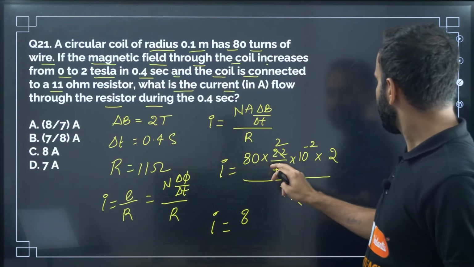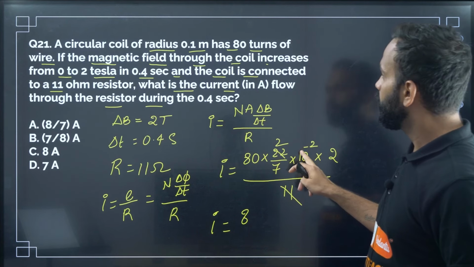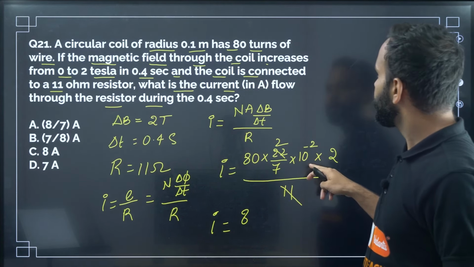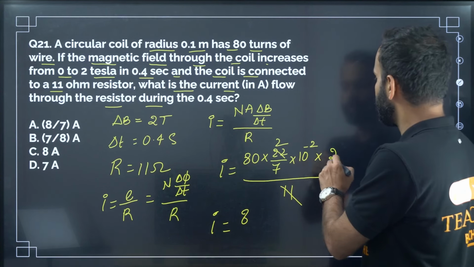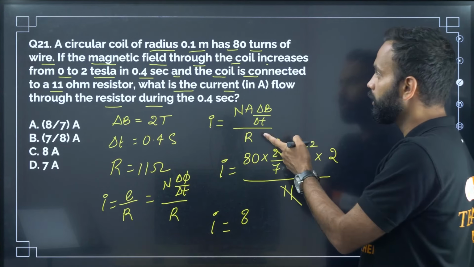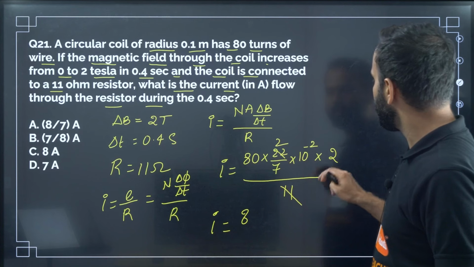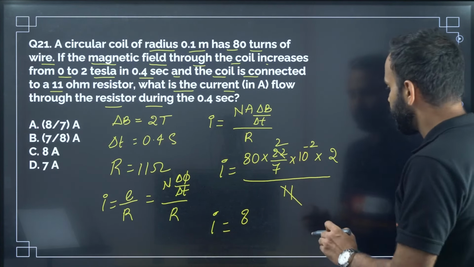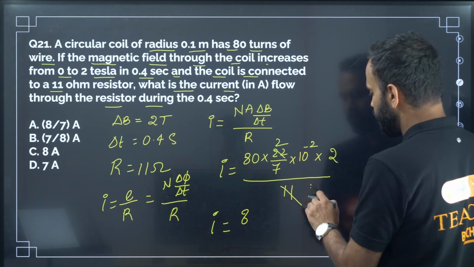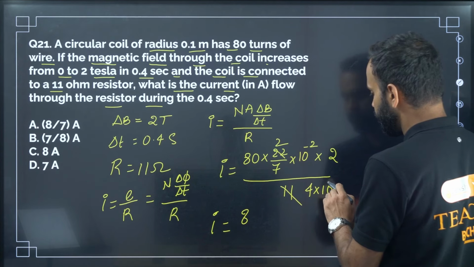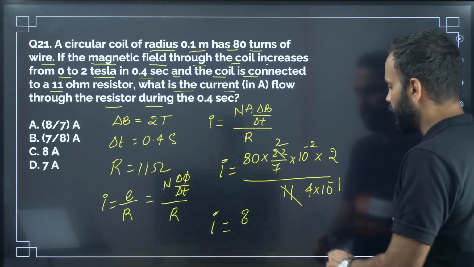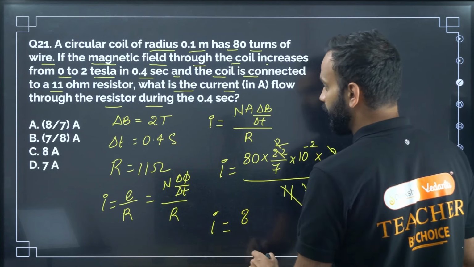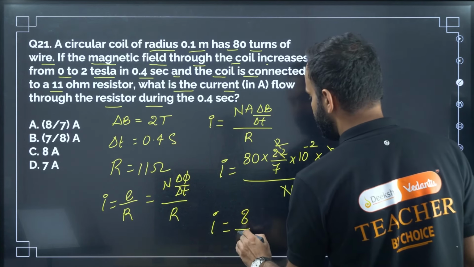N is 80, pi R square, R is 0.1, so 0.1 squared is 10 to the power minus 2 only, into 2, right? Divided by 0.4 is also there, right? There is 4 into 10 to the power minus 2, minus 1. Here 4 will also get cancelled. So the current through the resistor will be 8 by 7 ampere.